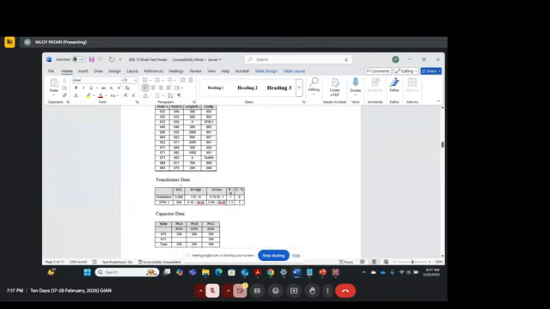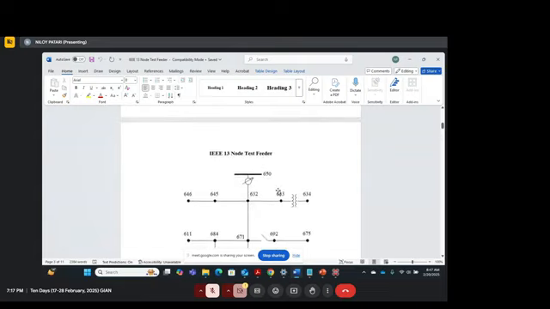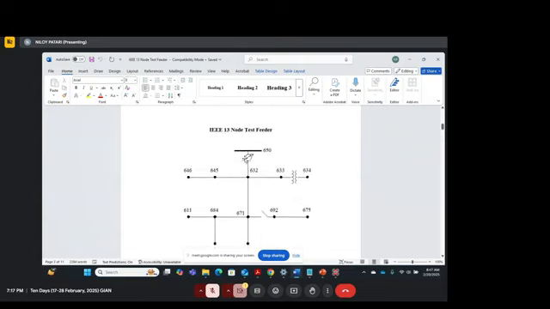Then you have transformer data. Transformer data means there is a substation. So there are two transformers, right? One transformer is at the substation, which brings that voltage down to 4.16 kV or some other voltage, and there is another transformer which is between 633 and 634.